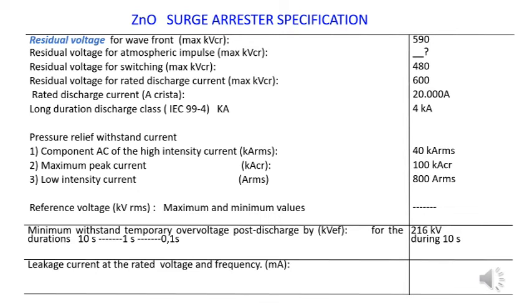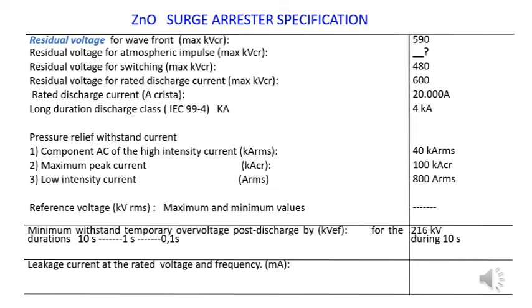Then there are several specifications related to this maximum voltage for different shapes of currents. And we should remember that this residual voltage is basically, let's say, if the bushing of one transformer was placed side by side with the surge arrestor, this would be the same voltage that would be applied to the insulation of the protected transformer.